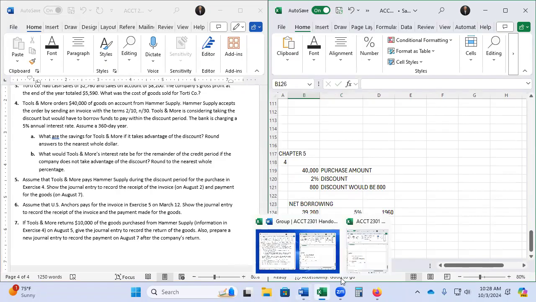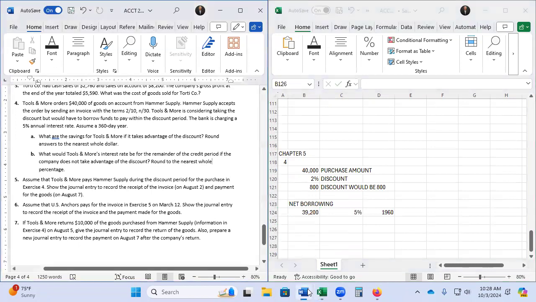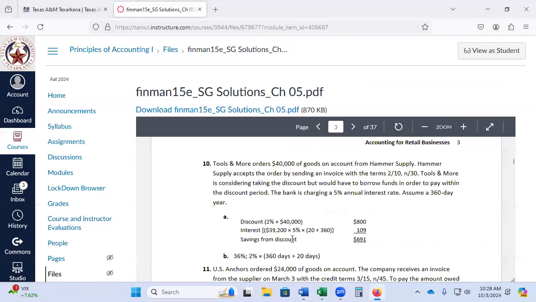And what we have to do is multiply that by 20 divided by 360, because this is 20 days.